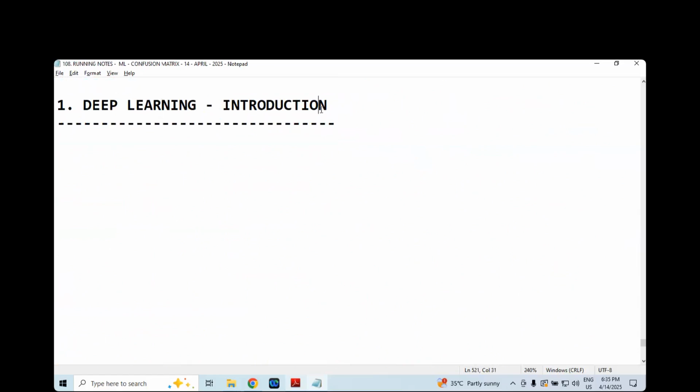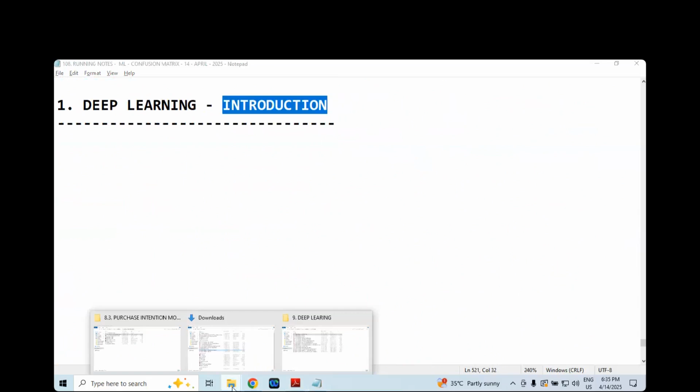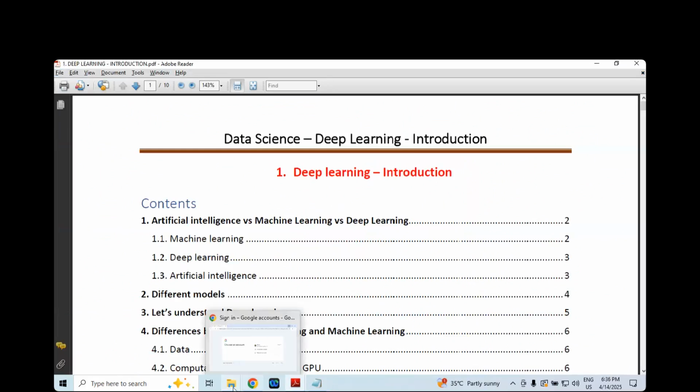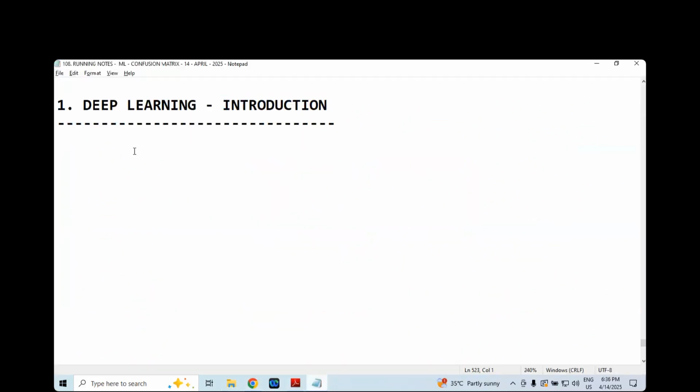Deep learning, introduction. Get ready to start. Now let us start. First of all, understand the theory. When you're talking about AI, it has algorithms.